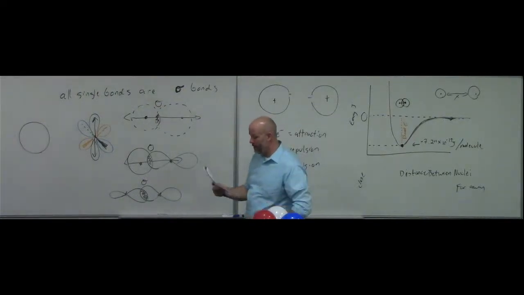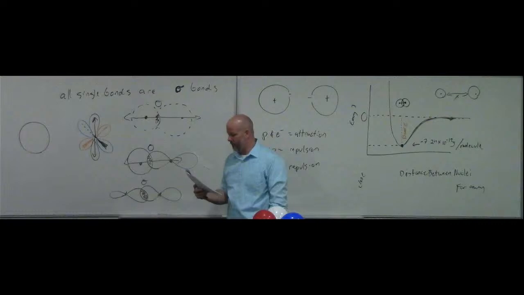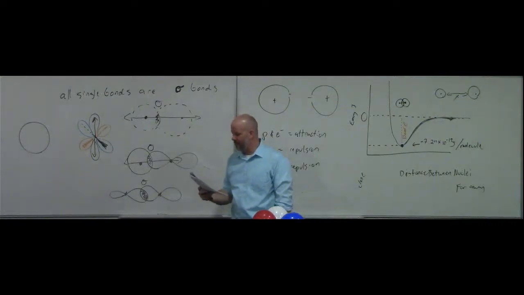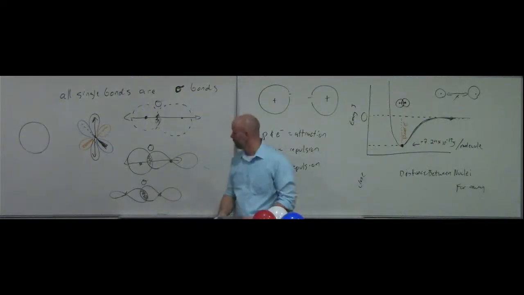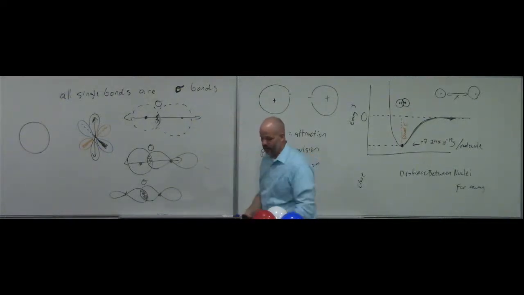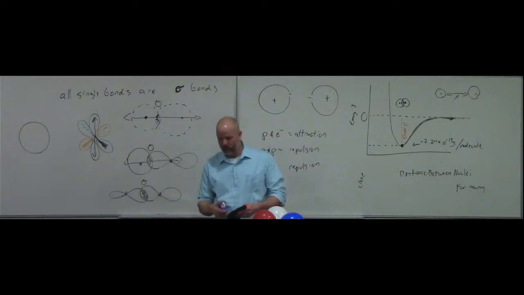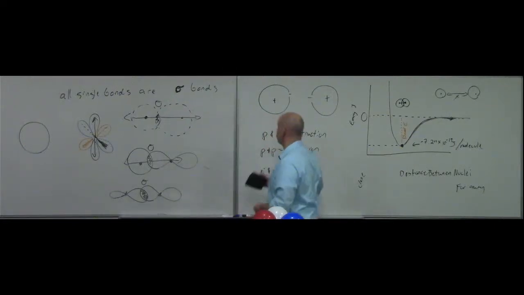A pi bond is a type of covalent bond that results from side-by-side overlap of 2 p orbitals. Okay? I'm going to race over here and start drawing this. And we'll have videos and stuff because this, I won't be able to draw all that's going on. It gets too crazy.